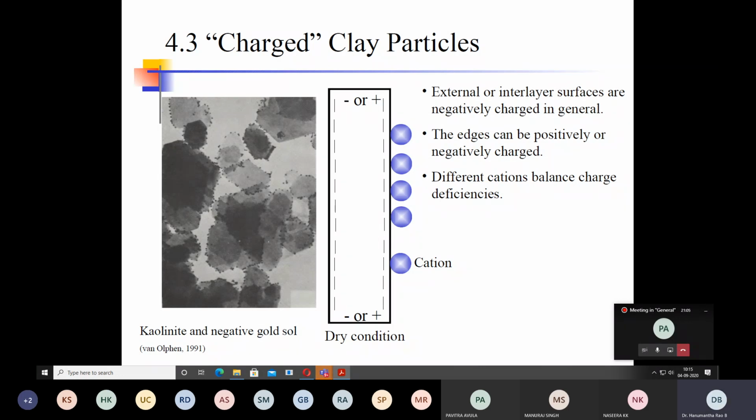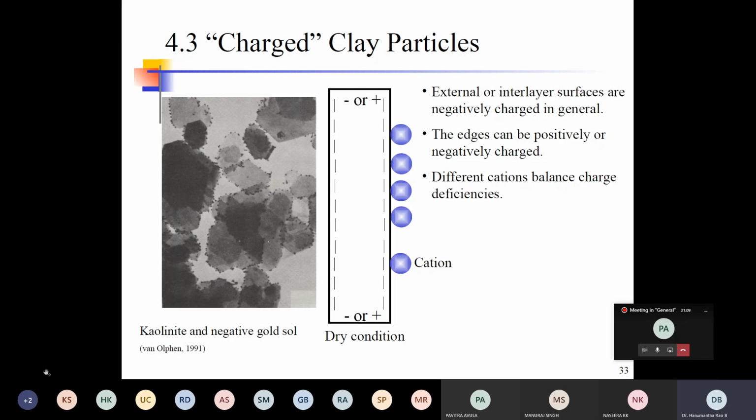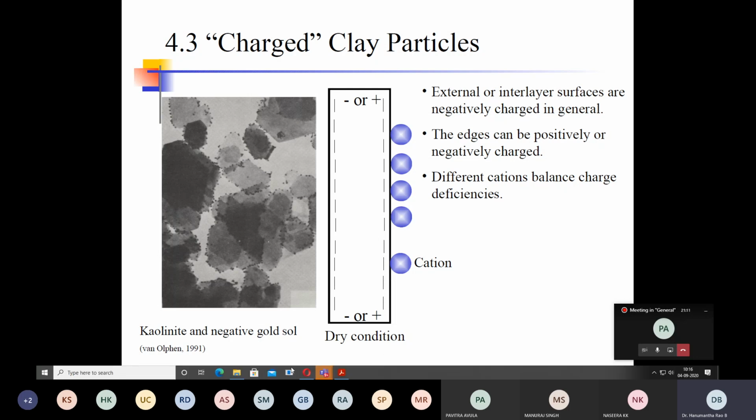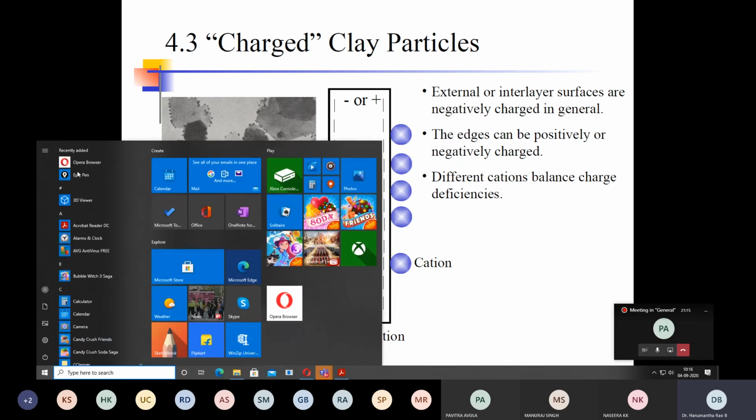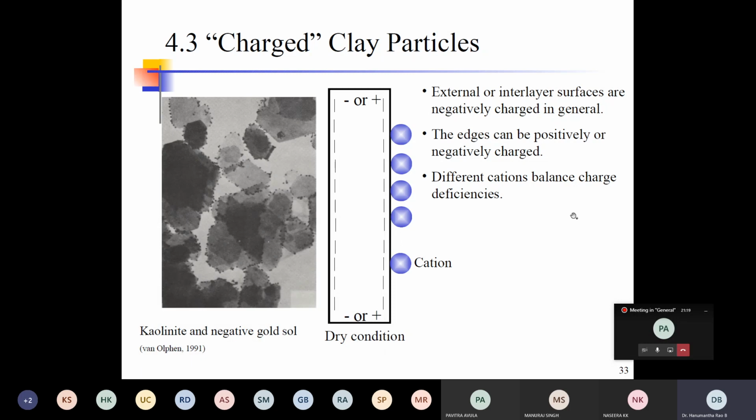How is the sand particle different from this one? Anybody can throw a light? How is sand particle different from the clay particle, given the origin of a clay particle that we have discussed?